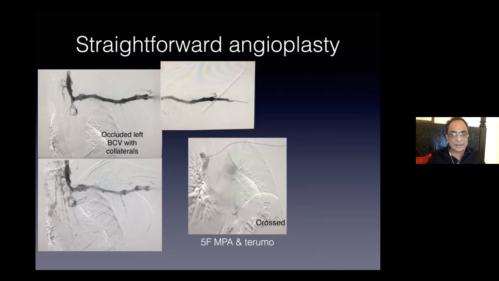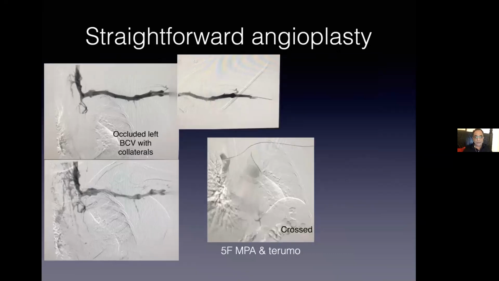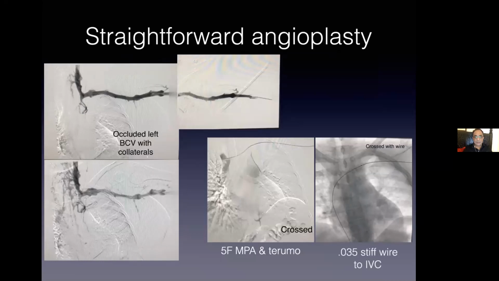That's our standard catheter and wire technique to cross these lesions. It's usually a standard Terumo, but in some cases we'll use a stiff Terumo, as I will show you in a second. So once it is crossed, we go down into the IVC and we exchange for a stiff wire. It's a 0.035 stiff wire to the IVC. And then we will just do straightforward balloon dilatation.